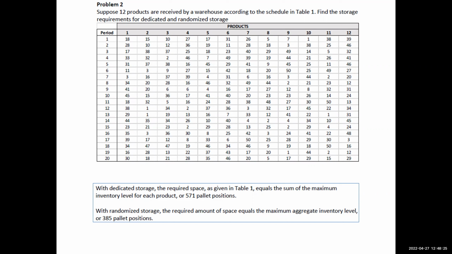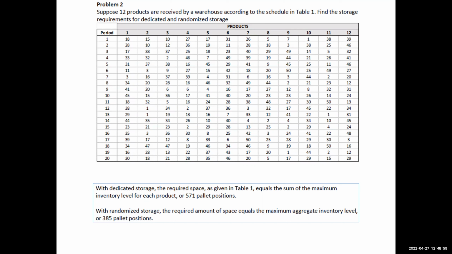Suppose that 12 products are received by a warehouse according to this schedule. The schedule is in terms of time periods from 1 to 20, and 1 can be the first hour, second hour, third hour, or first day, second day, third day. These are the events, and then you have the number of products received in the warehouse for each type of product. So here we have 12.